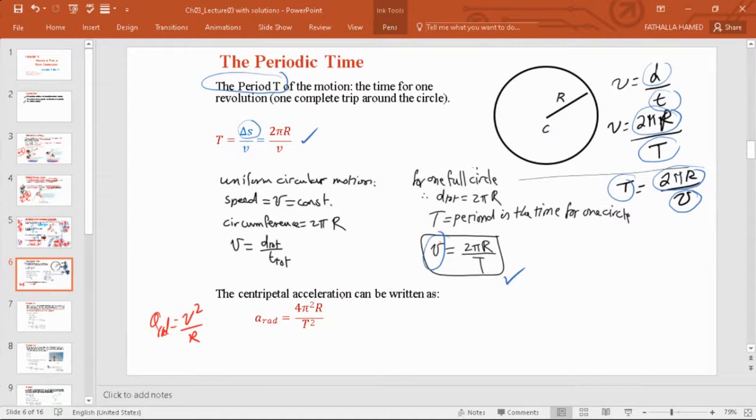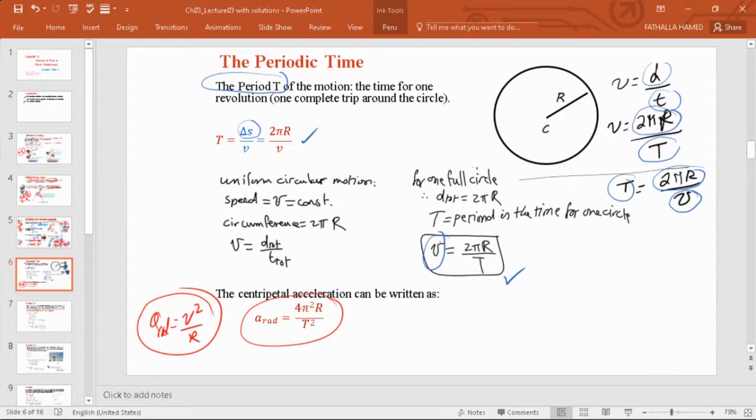So when you are performing uniform circular motion, your speed is constant. That means you're going to have a regular period in completing the circular motion. And you need to change the direction of your velocity, and you need acceleration, which is equal to v squared over r. And also, a_rad can equal 4π squared r over T squared.